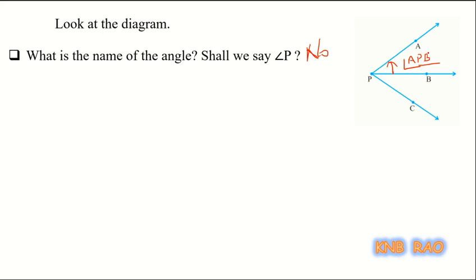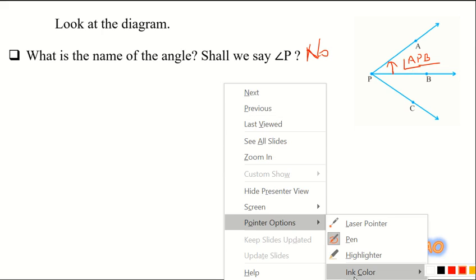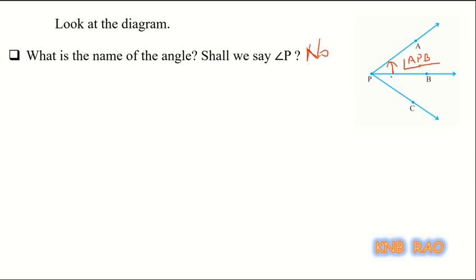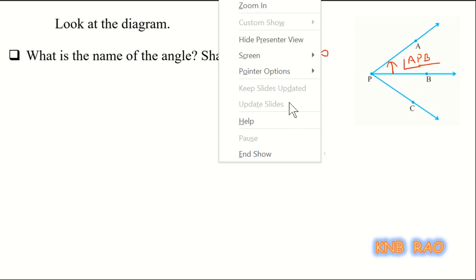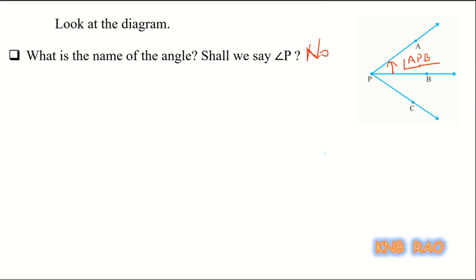Next, I am changing the color. I will now use a different color. I have another angle formed between ray PB and ray PC. It is named angle BPC.